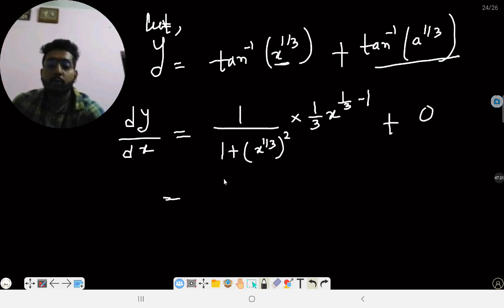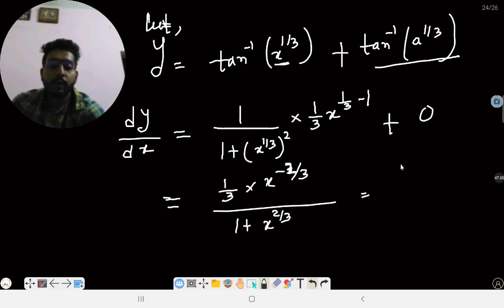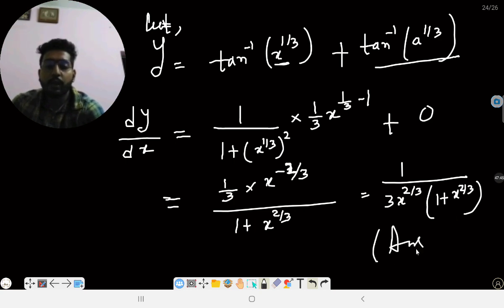So it will be 1/3 into x to the power minus 2/3, over 1 plus x to the power 2/3. Written properly, that is 1 by 3 x to the power 2/3 into (1 plus x to the power 2/3). So that will be the answer.